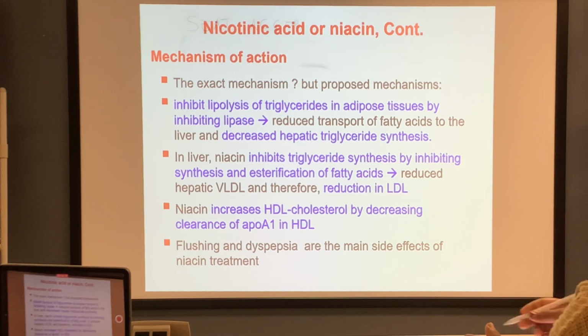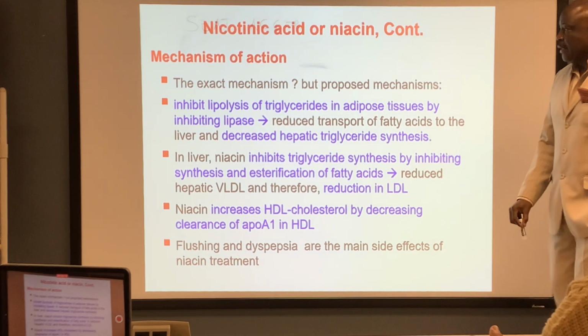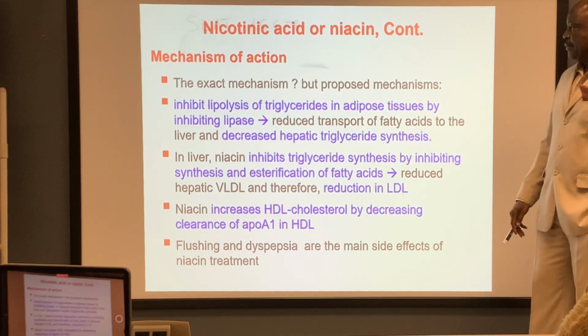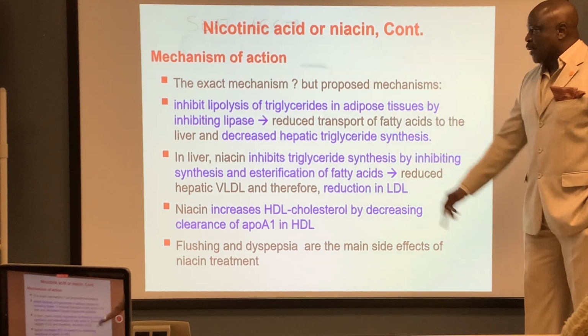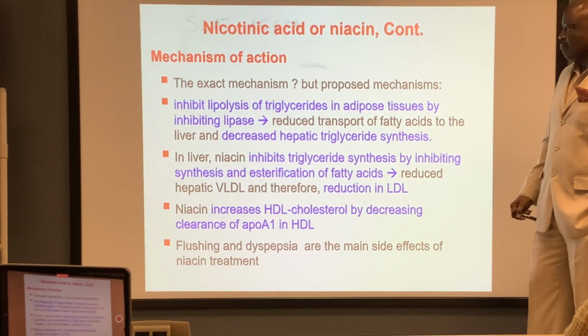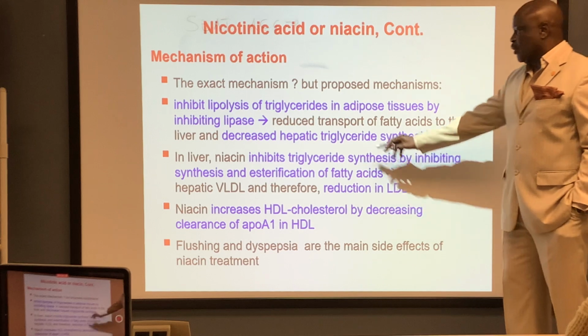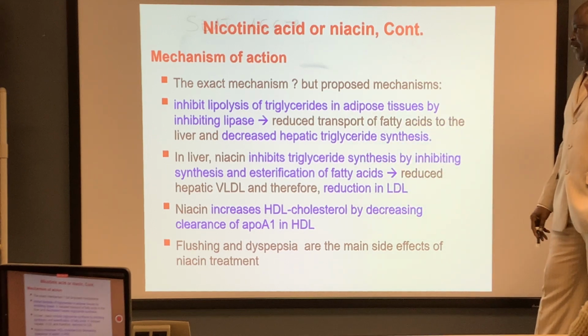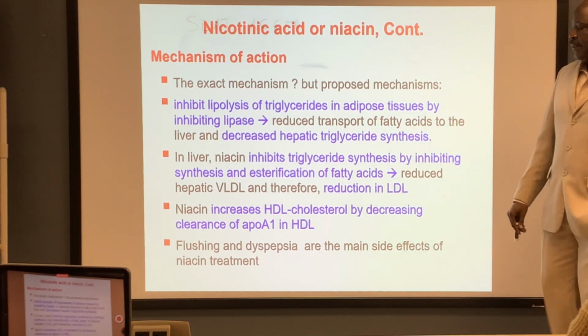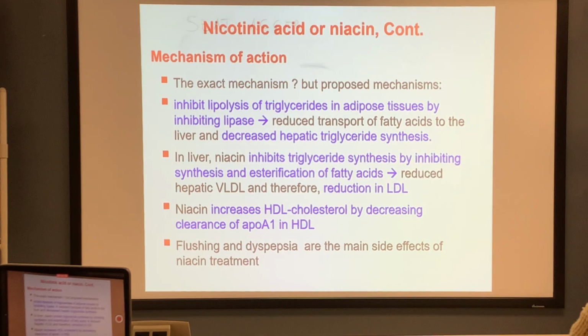The exact mechanism of nicotinic acid is not known, but these are some of the proposed mechanisms. It inhibits lipolysis by inhibiting lipase. By so doing, there will be a reduced transport of fatty acids to the liver, and then hepatic triglyceride levels will go down.